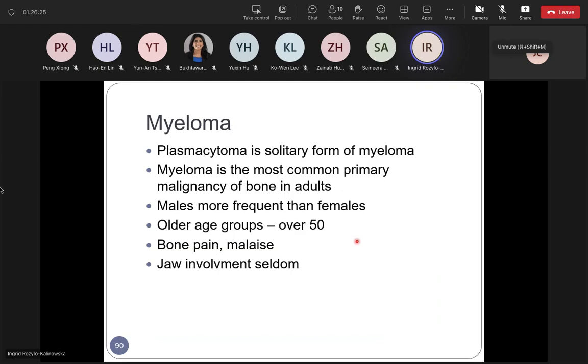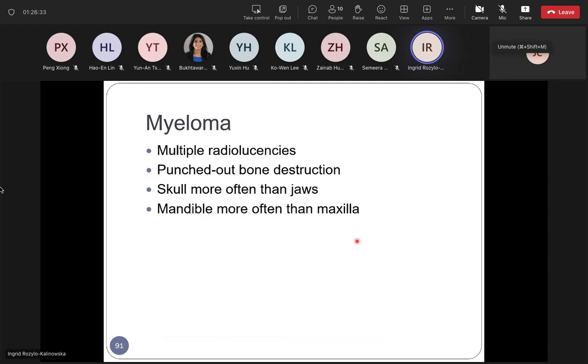But again, it's probably because in our center the patients are referred for treatment of more complex lesions. And the appearance in this case, at least, is quite characteristic for multiple lesions. It's multiple radiolucencies.